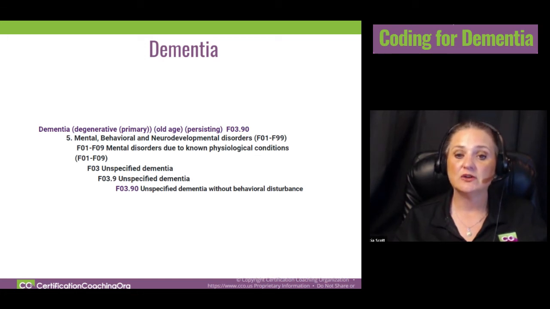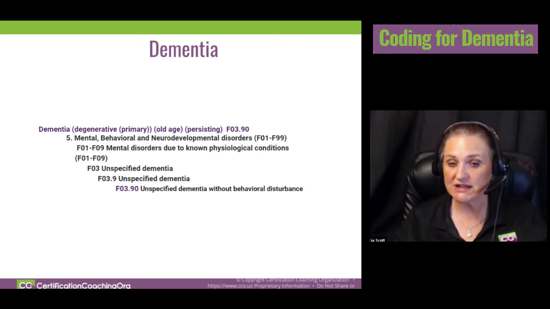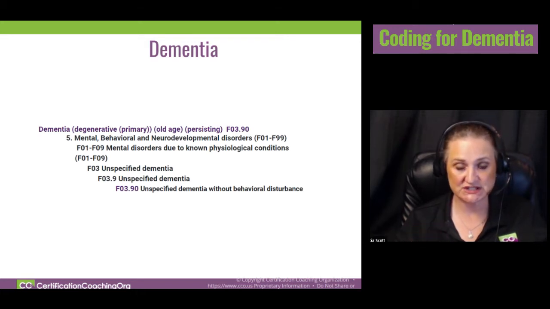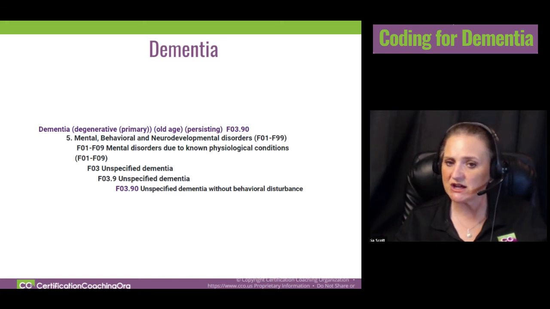And so those are G codes, anything that has to do with the brain itself, the central nervous system, or any disorders of the central nervous system or the peripheral nervous system, we are looking at codes that start with the G. So dementia, just senile dementia, doesn't that seem odd that it starts with an F?